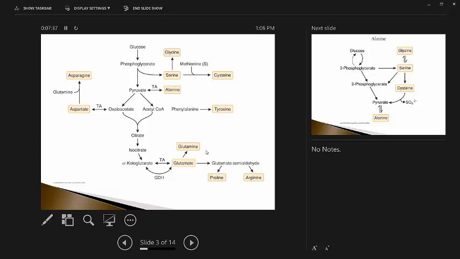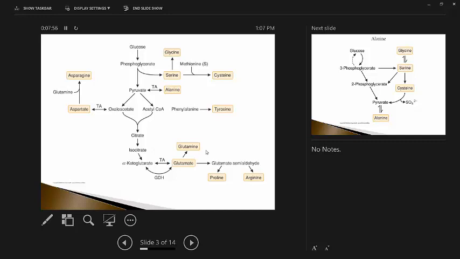And so we get ornithine from the breakdown of arginine to ornithine and urea, and then this cycle continues. But there is a synthetic pathway, and glutamate semialdehyde.